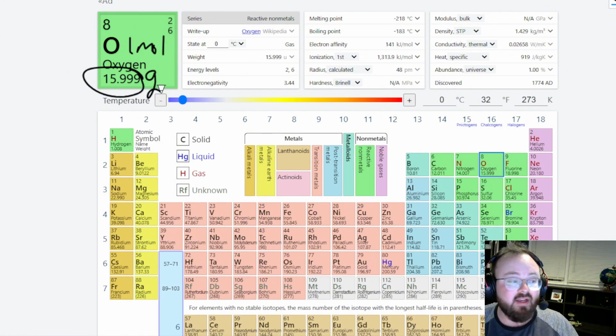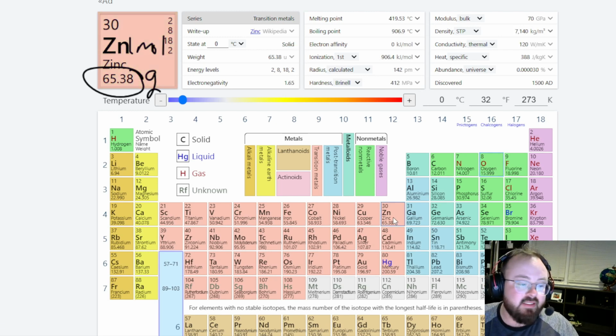We can take, not oxygen, it's a gas, but let's just say zinc. I can give you 65.38 grams of zinc. It is something tangible that we can use. And that's why we use molar masses, because it's something that we can measure.